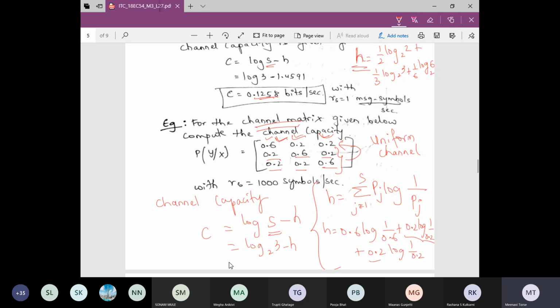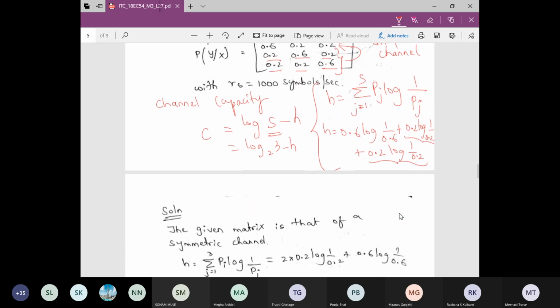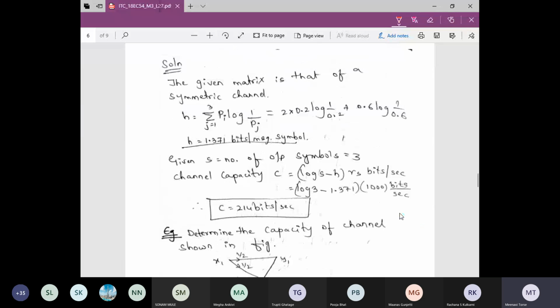The last two can be clubbed by using a multiplication factor 2. So this will give us H value as 1.371.